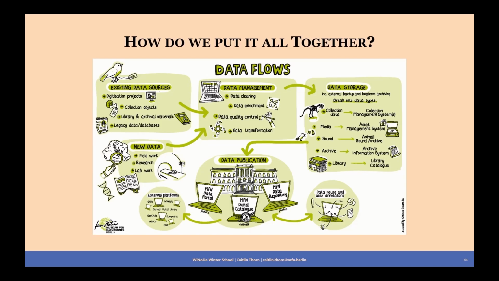And then from there, we can publish externally to places like GeoEarth, GFBio, etc. And we can always reuse data, add annotations, and things like that. So that's just one very generic example of our data process at the museum.